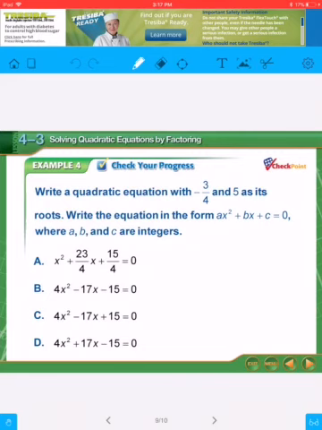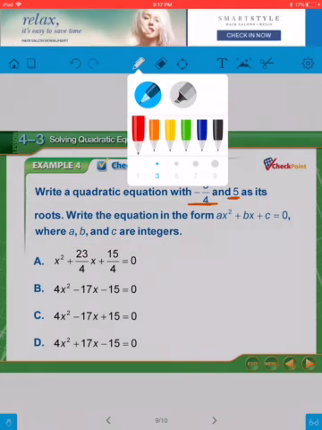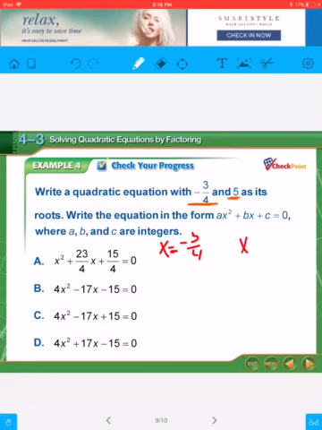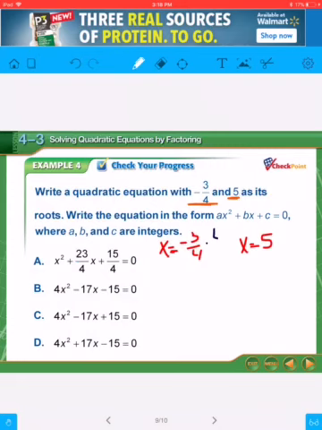Okay, so I'm writing a quadratic equation given that my roots are negative 3/4 and 5. I'm going to start off by writing out x equals negative 3/4, x equals 5. Now, I can't leave this as a fraction, so to get rid of the fraction I'm going to multiply both sides by 4.